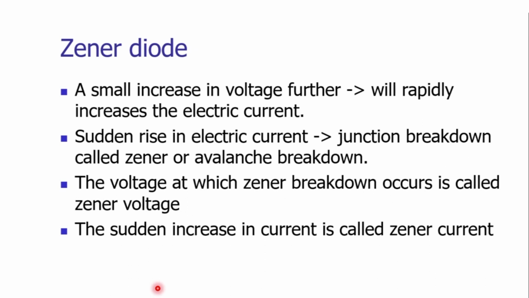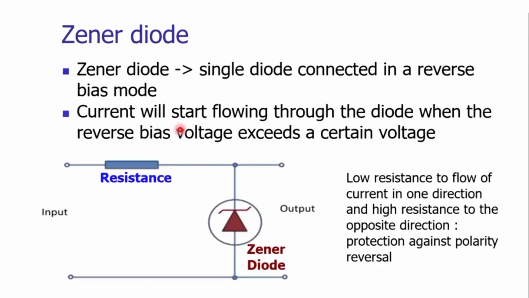This property of the Zener diode can be utilized to safeguard our microprocessor based devices when there is a spike in the voltage, when we are suddenly applying a very high level of voltage. Thus we can utilize the Zener diode in its reverse bias mode.